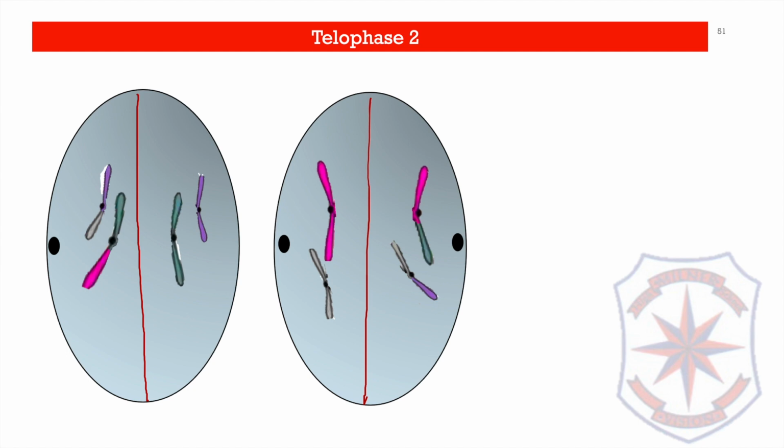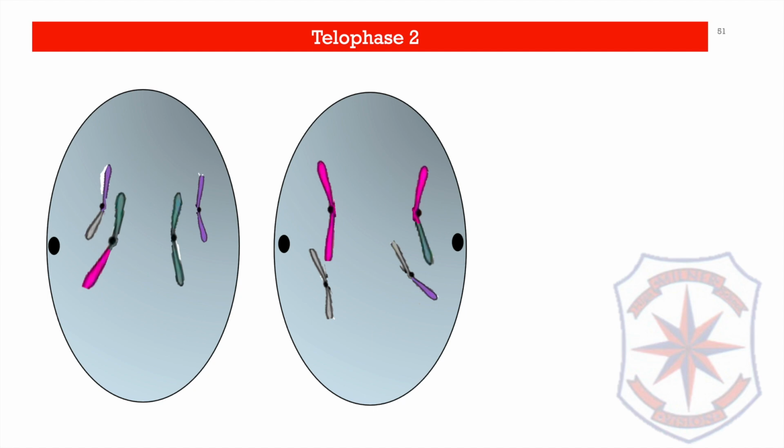Now, the language now changes. In anaphase 2, we said that chromatids are pulled to opposite poles of the cell as the spindle fibers contract. We said chromatids, or unreplicated chromosomes. But now here in telophase 2, these chromatids, we do not refer to them as chromatids.